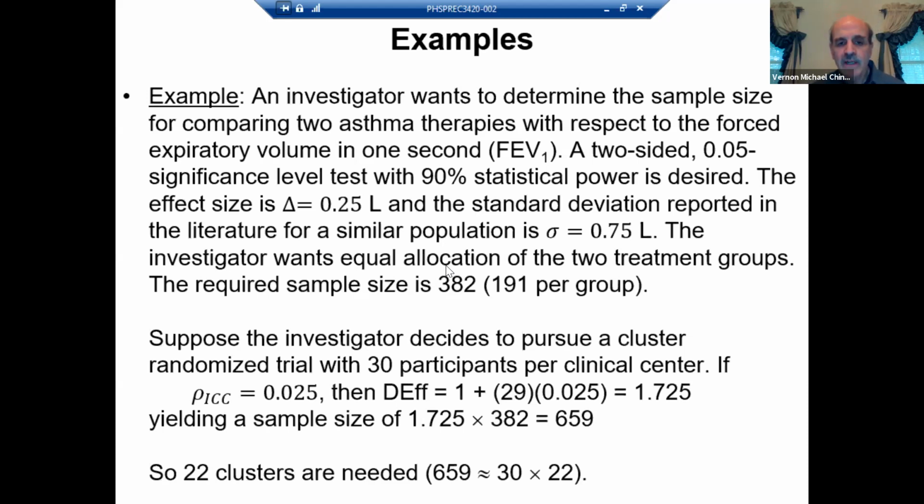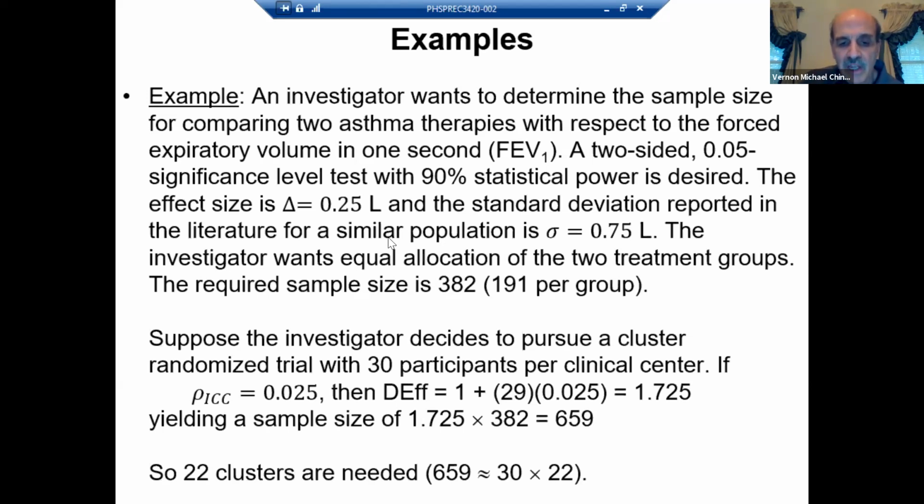The investigator wanted equal allocation between the two treatment groups, did a sample size calculation, and came up with a number that he needed 191 people for each of the two groups for a total of 382. So this first paragraph here was a sample size calculation that was performed under the situation with individual randomization.